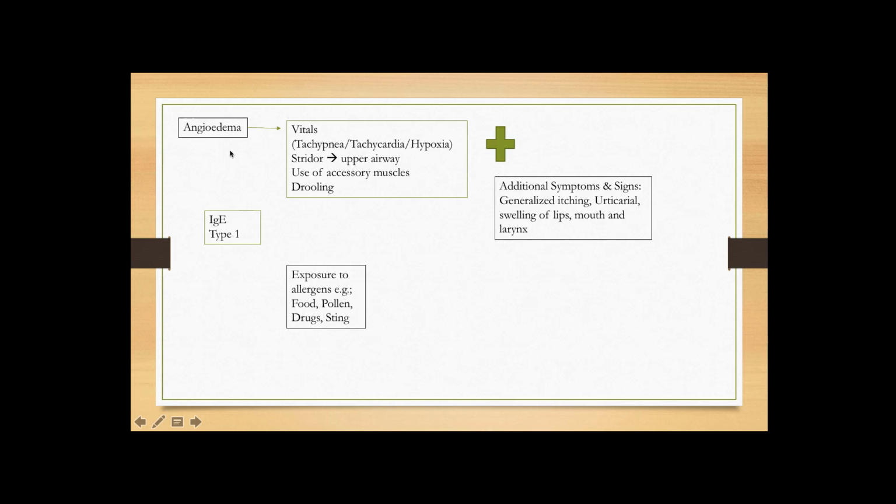And when we go back in their history, they usually have been exposed to a new food or drug or pollen or sting. We immediately take action and give them both steroids and intramuscular epinephrine, and this is the treatment for angioedema.